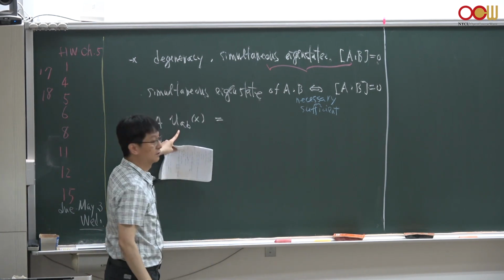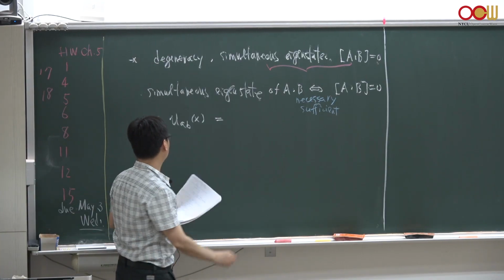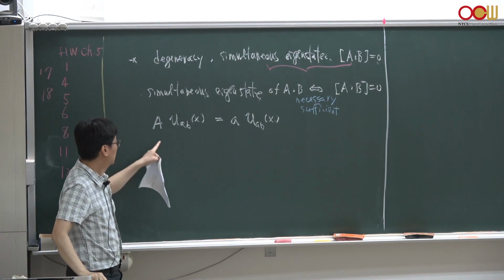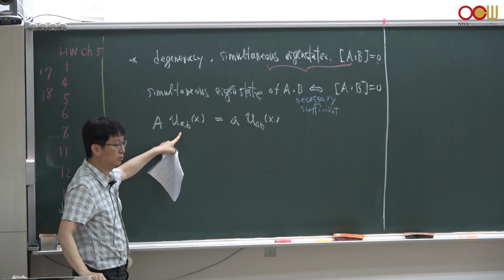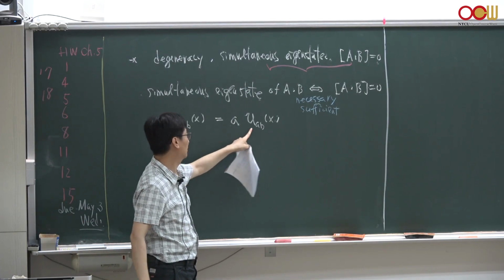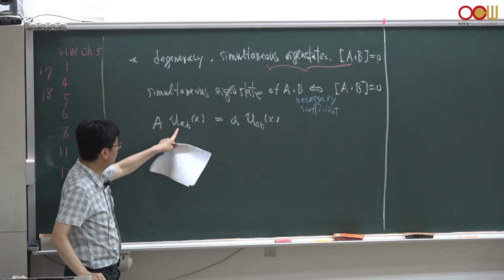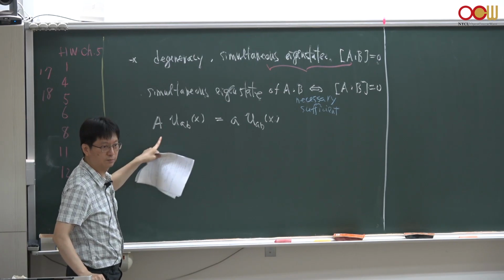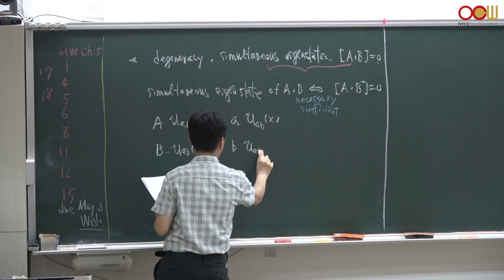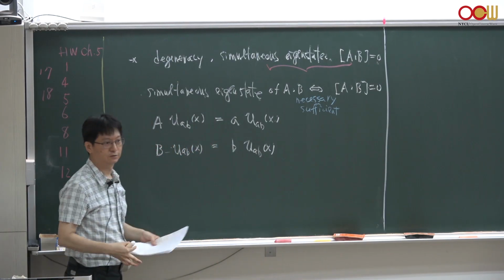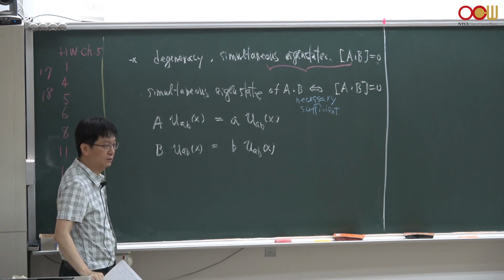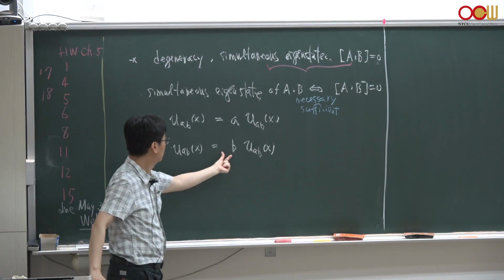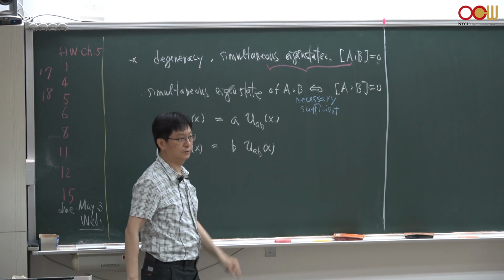This wave function is an eigenfunction of the operator A. Applying A onto u_AB gives you the eigenvalue a times the eigenfunction u_AB. But u_AB is not only an eigenfunction of A, it's also an eigenfunction of B, with a different eigenvalue. When B acts on u_AB, this gives you the eigenvalue b times u_AB.